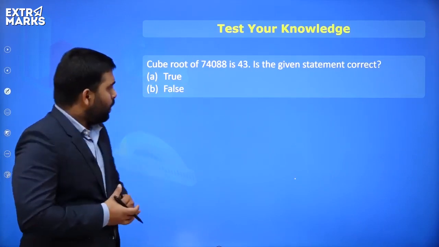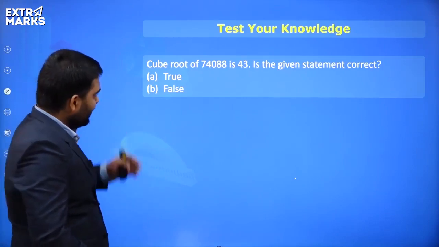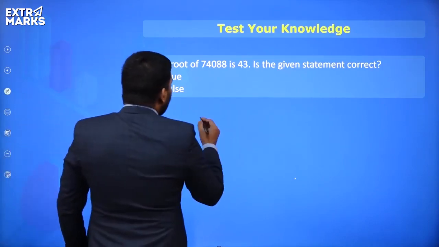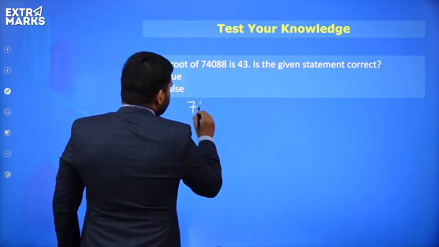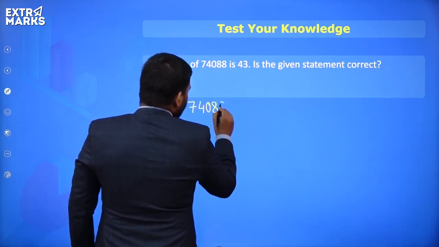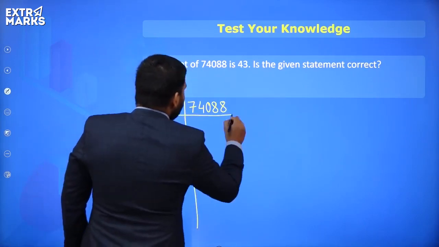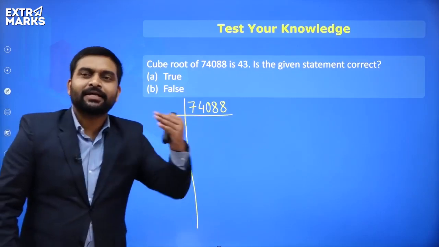Okay, so I hope you all would have tried the question. Let's see this everyone. Now, let's calculate the cube root of 74,088. Right? Now everyone see this. First thing everyone, let me tell you the easiest way.